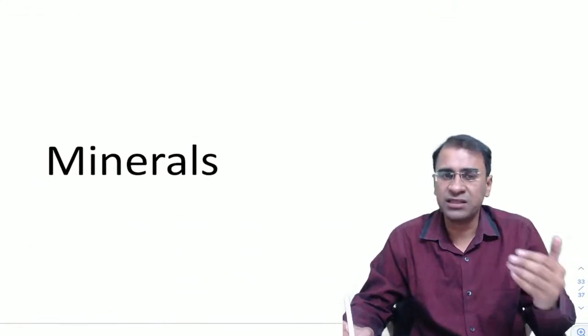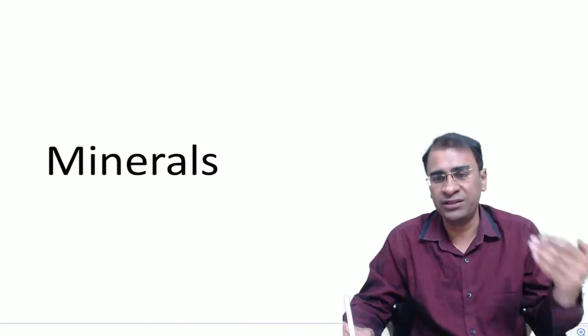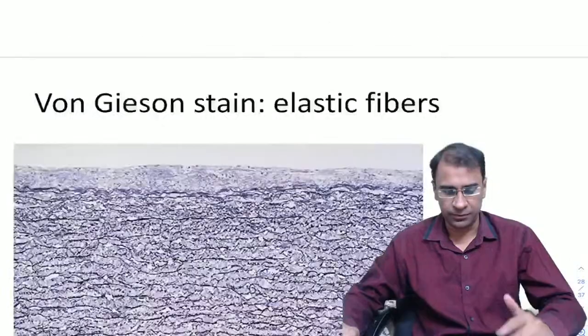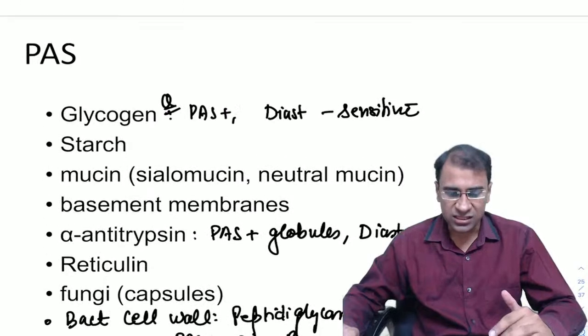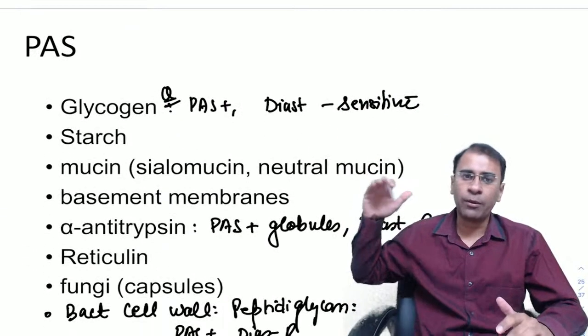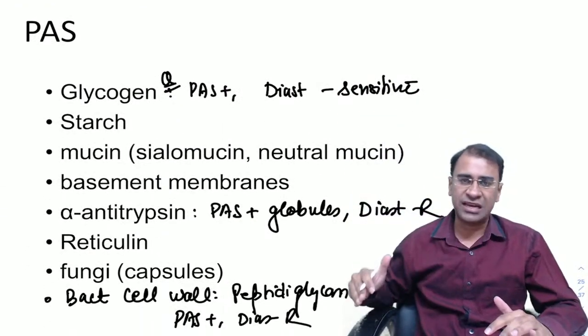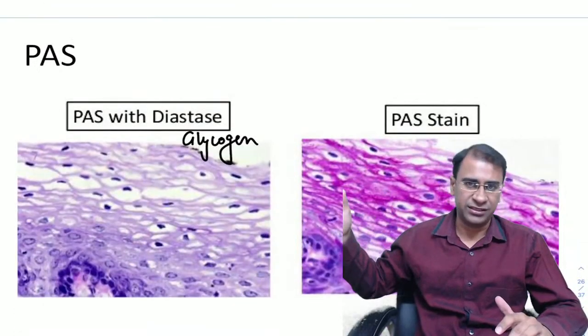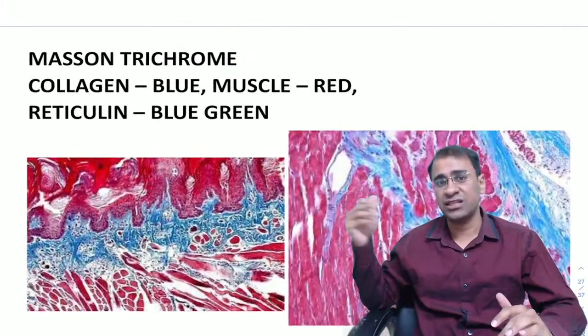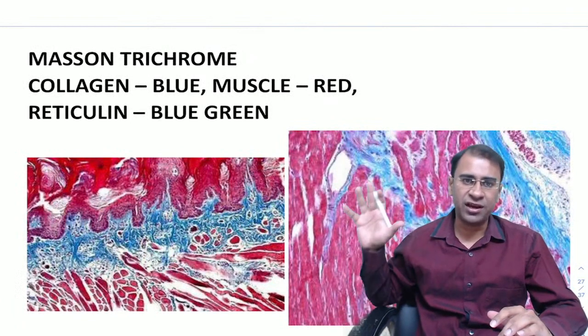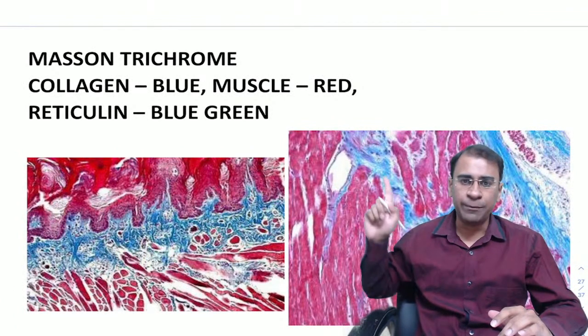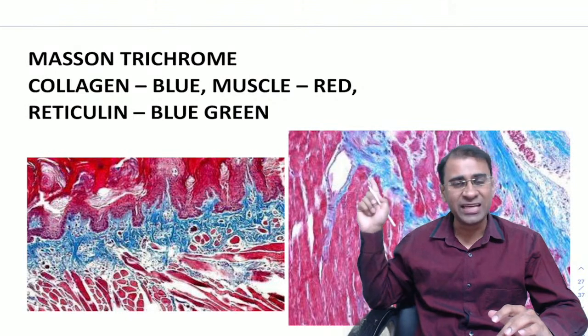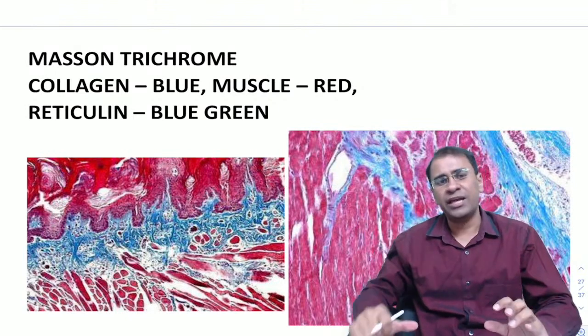Before I move to the minerals, let's have a quick revision of what we just studied. Number one, we have talked about PAS. A structure that stains positive with PAS, you can differentiate as glycogen by staining with diastase. Glycogen is diastase sensitive. Masson trichrome has three colors. Red is for muscle, blue is for collagen, black is for nucleus, and greenish blue is for reticulin.